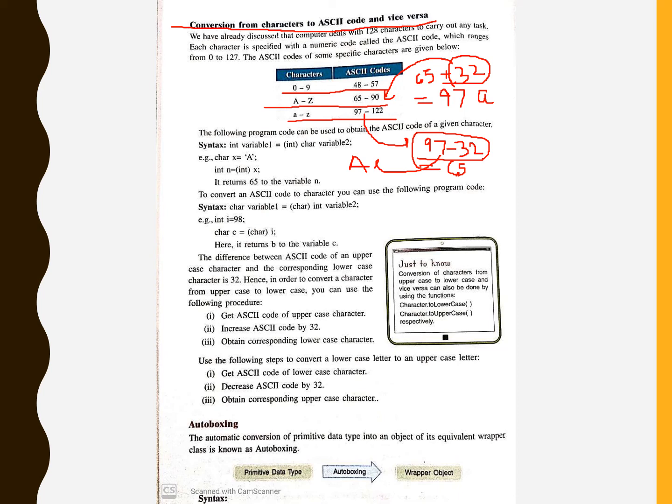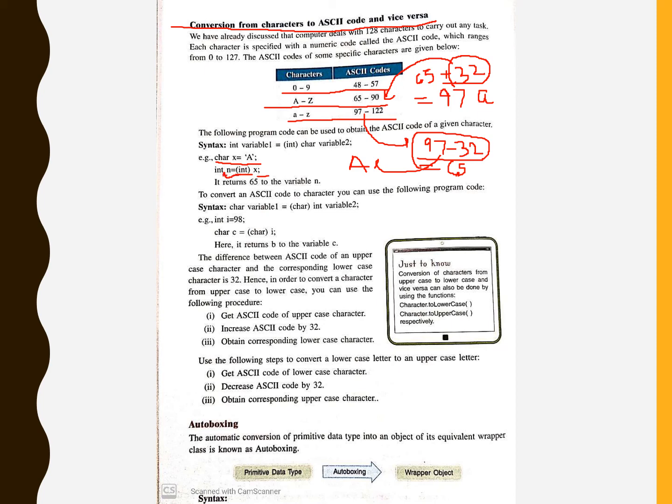Next, here we can convert using char a = 'A'. So it stores the value of A. If you want to convert it to an integer, you all know explicit type conversion. In brackets you write int, then you write the name of the variable. So you get the result in the integer data type. So what will it give in output?